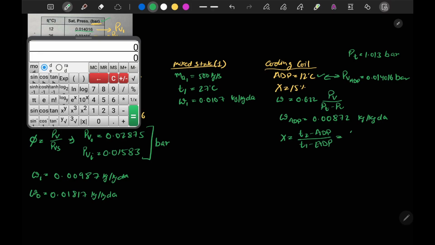Similarly, we can write in terms of omega: omega 2 minus omega at ADP upon omega 1 minus omega at ADP.